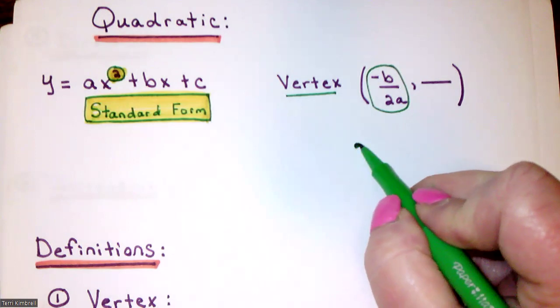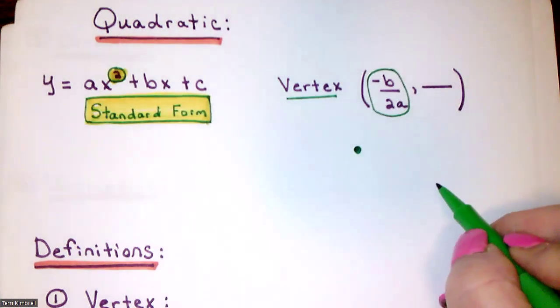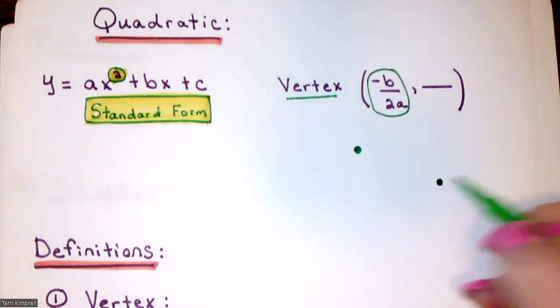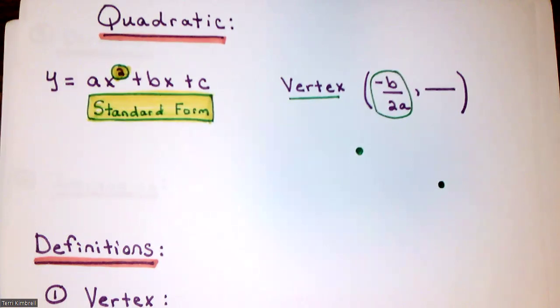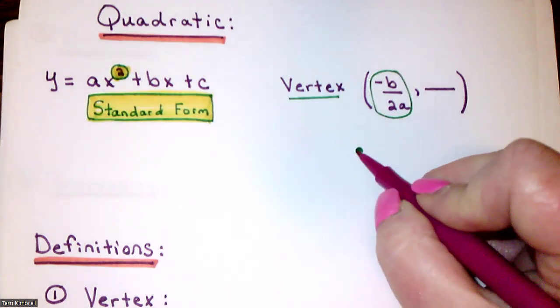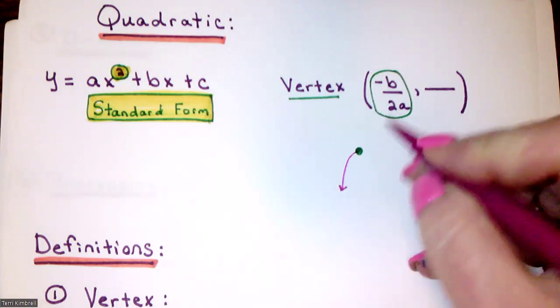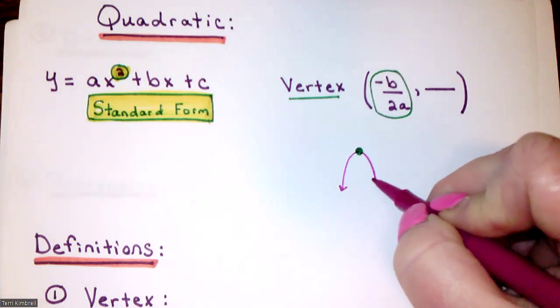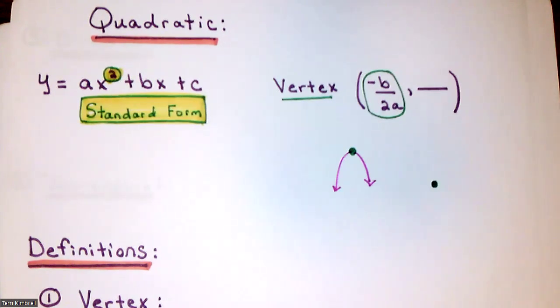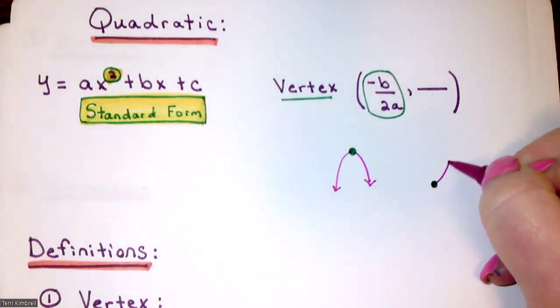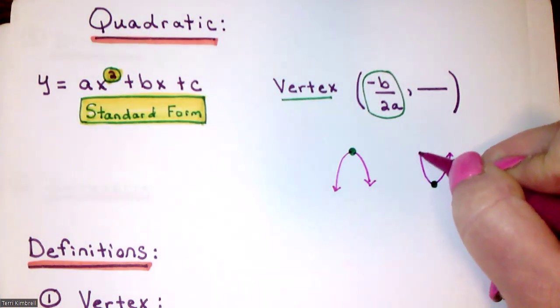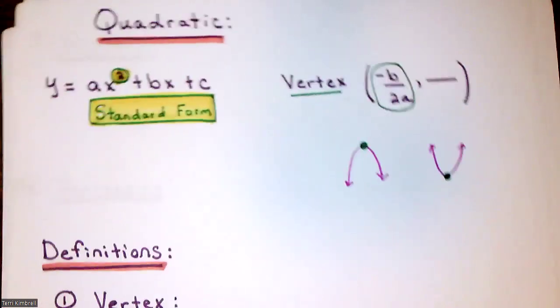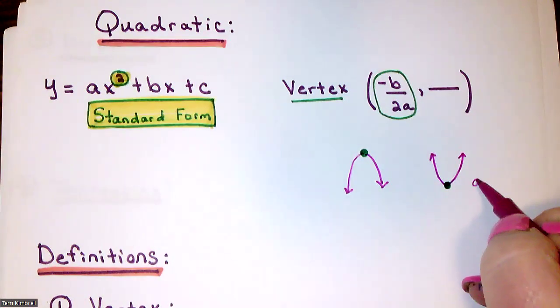If you have a quadratic, it can open up or it can open down, okay? As you draw these, this one right here that I'm drawing is going down. This one here that I'm going to draw is going up.